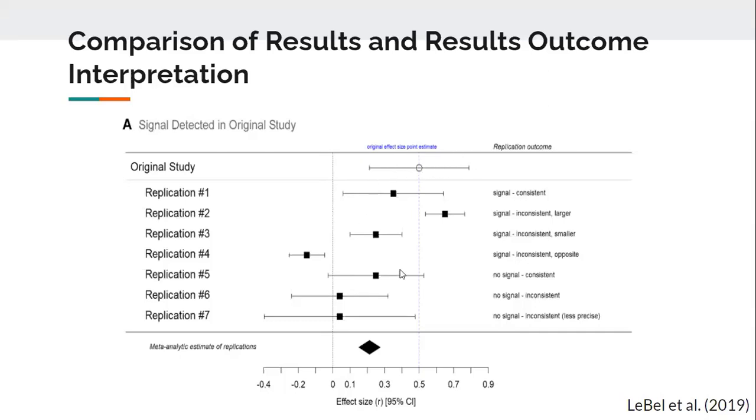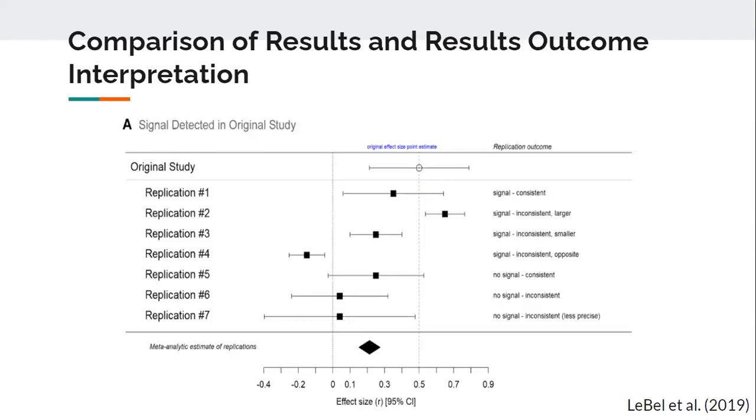This is followed by low signal consistent, which means that there is no signal in the replication. However, the CIs still include the original effect size. And this is followed by low signal inconsistent. This means that the replication CIs include 0, and the replication CIs do not include the original effect size.